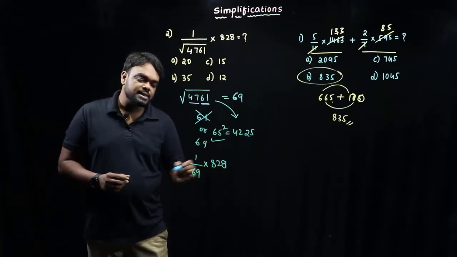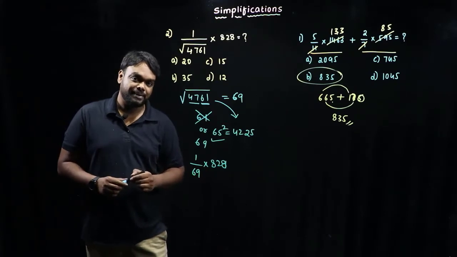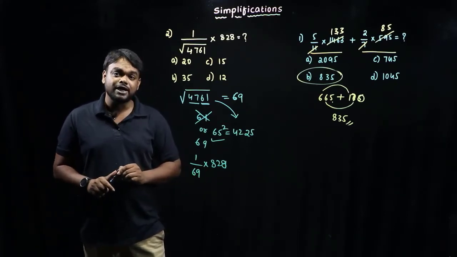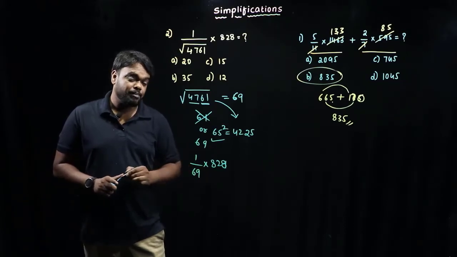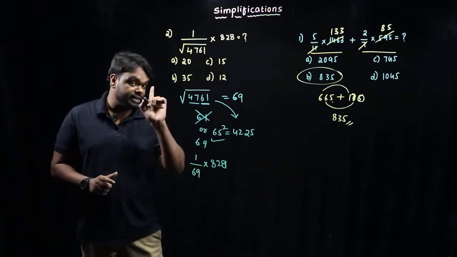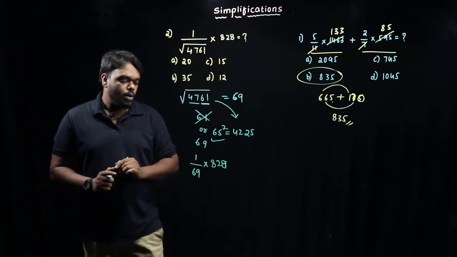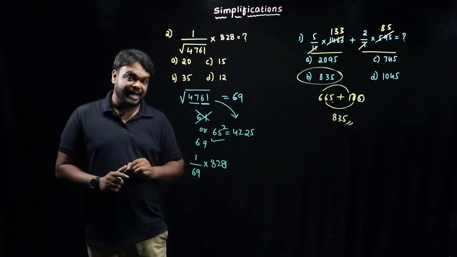So now the cancellation part. If you observe these numbers, 69 is a slightly bigger number to cancel with, right? If you apply the divisibility rule, this goes with 3 into 23. That will be fine. But should I really do that? No. Try to finish the final calculation within a single step. How? If you consider 69 into 10, 690.